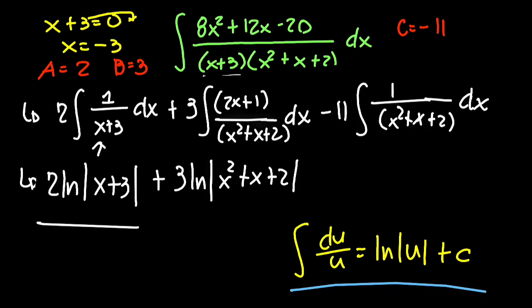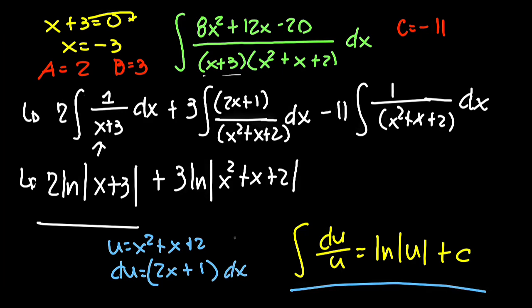And for this third part, the integral of 1 over x squared plus x plus 2, if you try to use u substitution again, let u here be x squared plus x plus 2, and taking the derivative, which is 2x plus 1 multiplied by dx, and putting dx aside, this would be du over 2x plus 1.